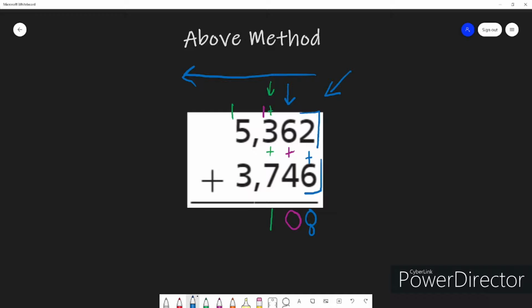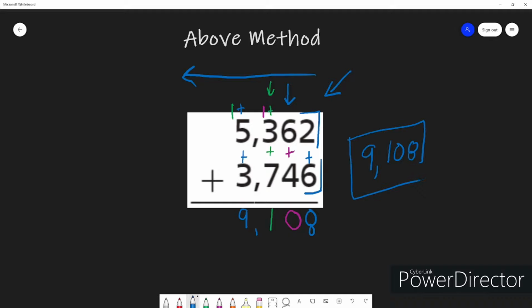And to wrap the equation up, you add the 1 remainder to the 5, which makes 6, plus the 3, which gives us 9, leaving our equation as 9,108.